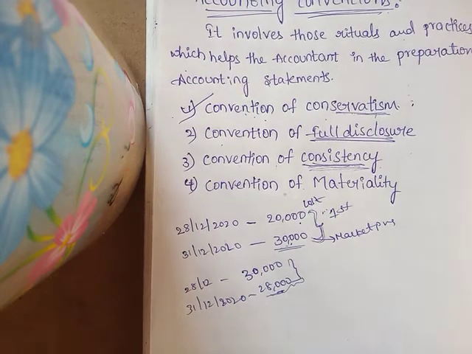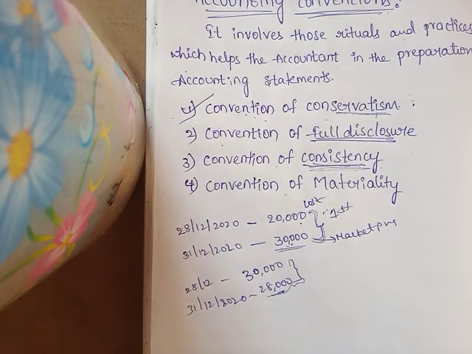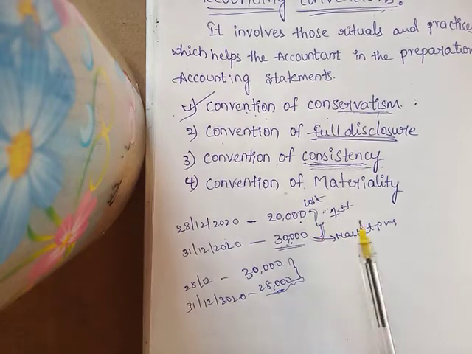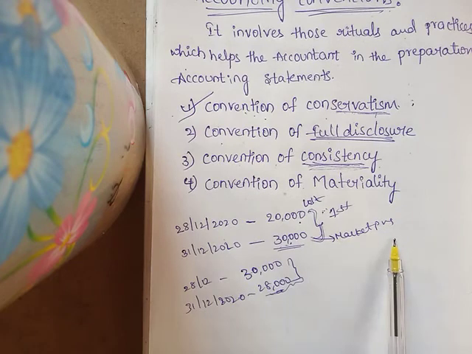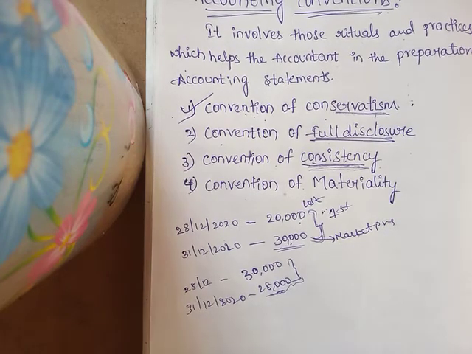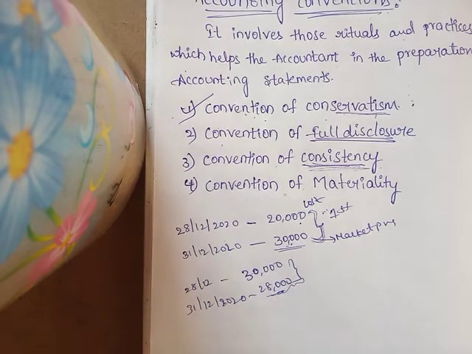Who is the person mainly doing this? An accountant. The accountant must give importance to material details and must avoid unnecessary and unimportant details.